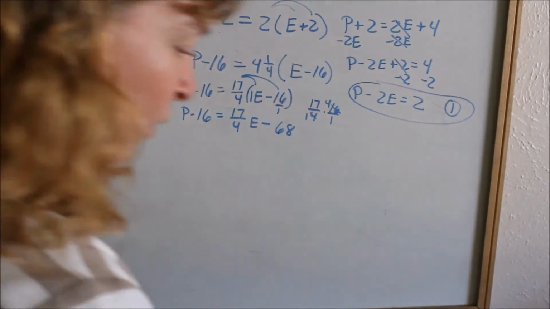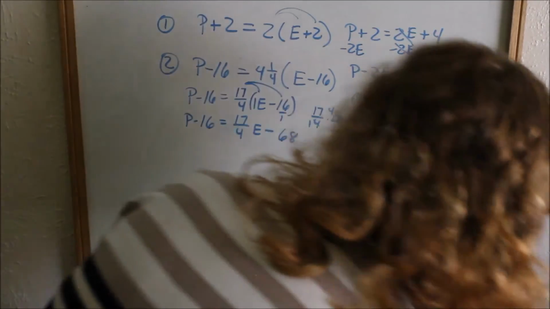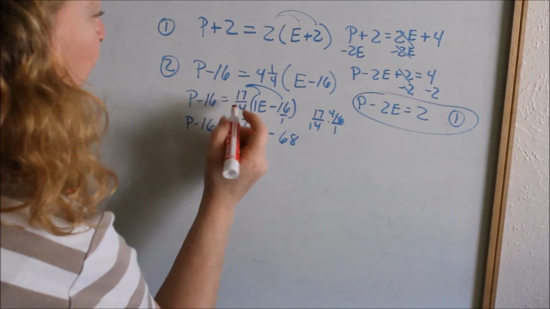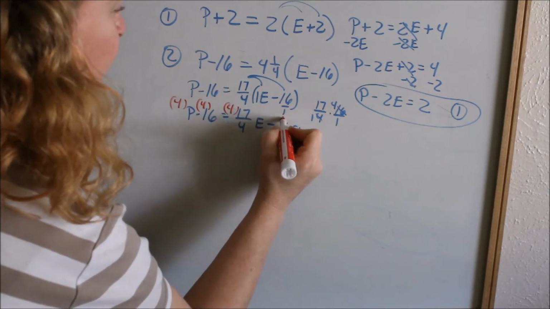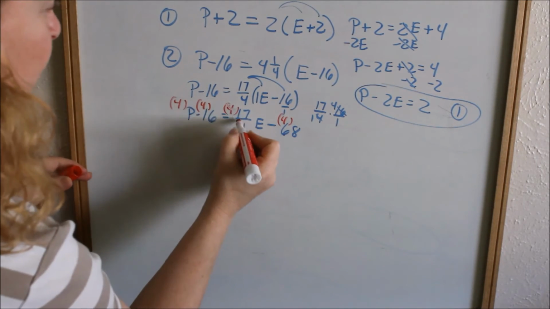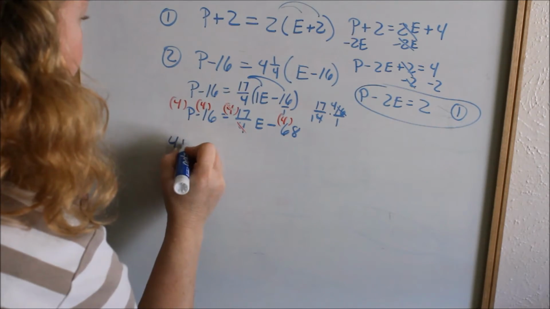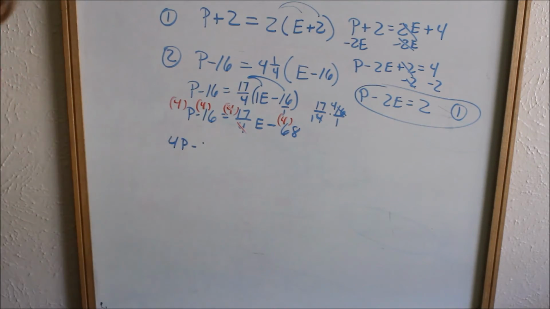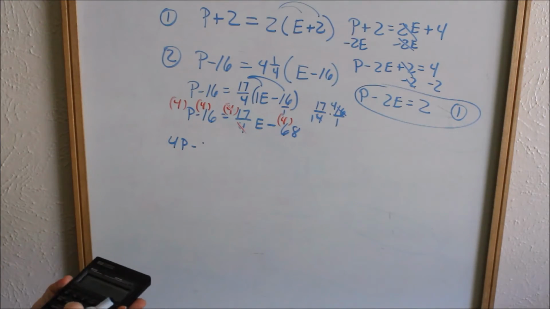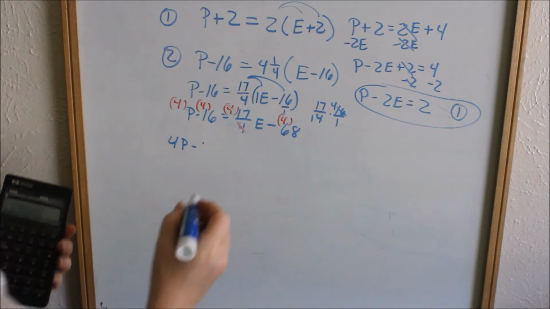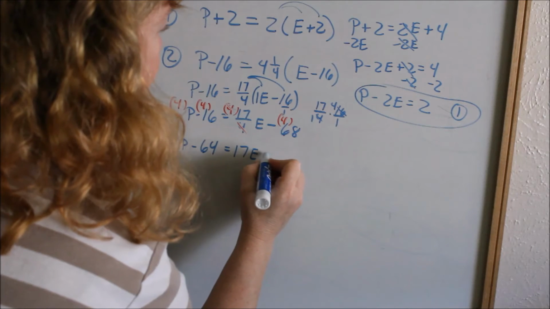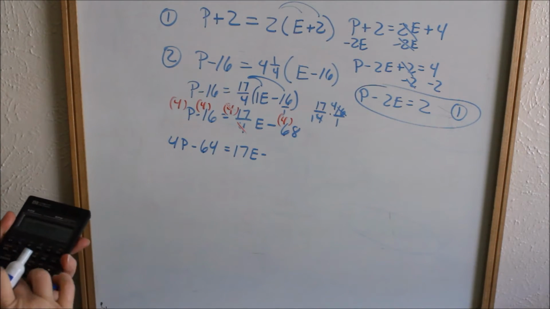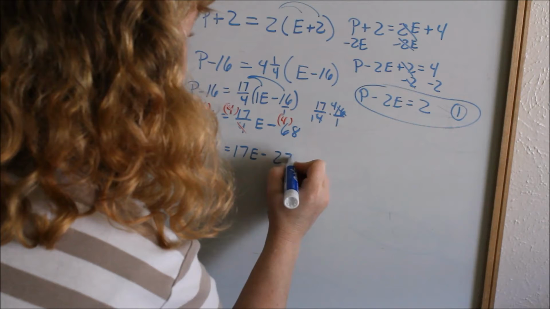So now I'm going to get rid of my fractions. So that means I need to multiply everything by 4. That by 4. This by 4. Everything. And those 4's will cancel. So then I have 4P minus 4 times 16, 64 equals 17E minus 272.